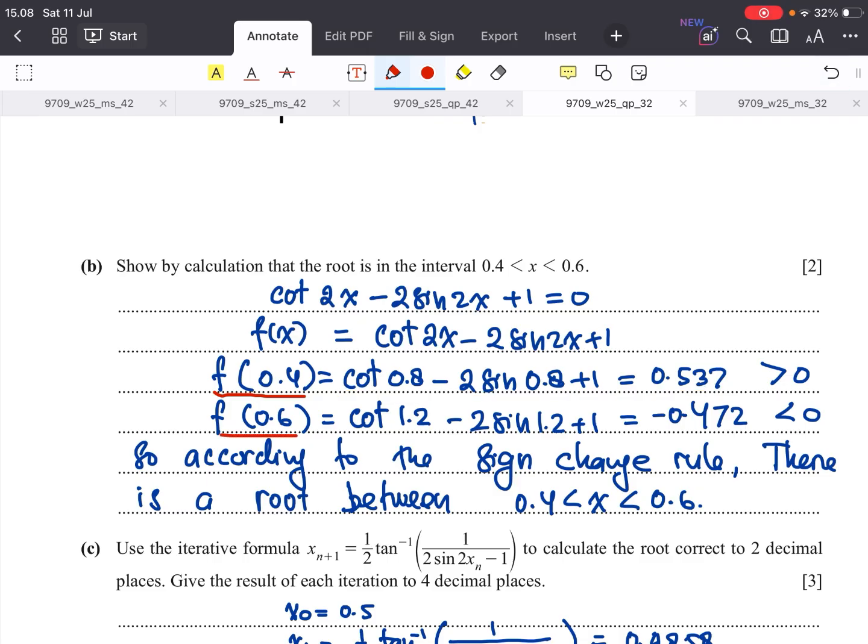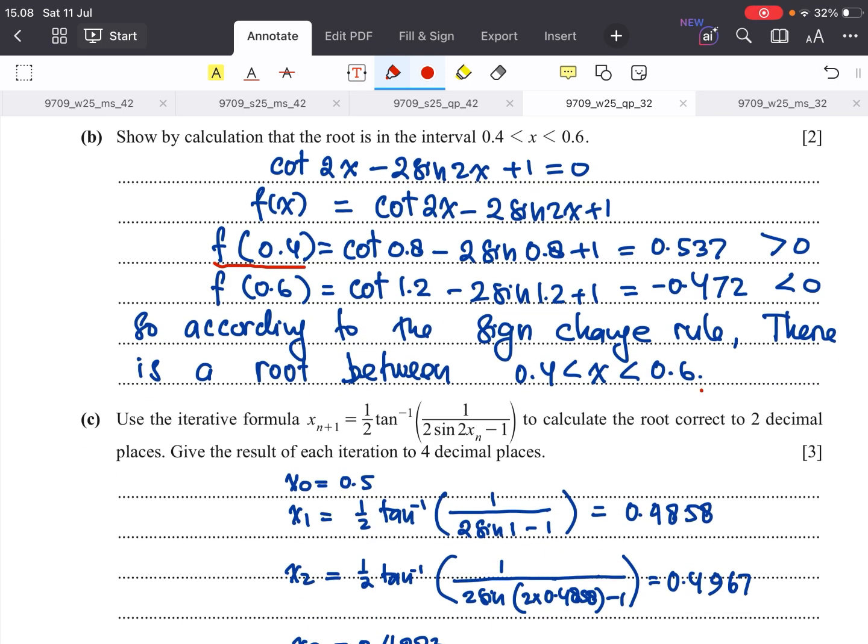And when x equals 0.6, it is negative. The conclusion is that because there is a sign change, we can conclude that there is a root between 0.4 and 0.6.